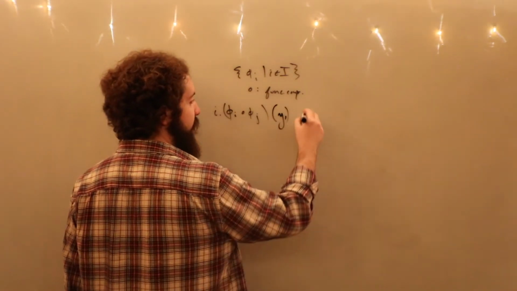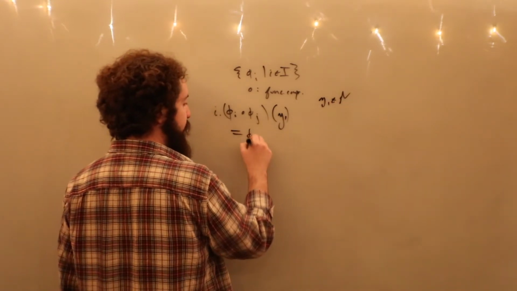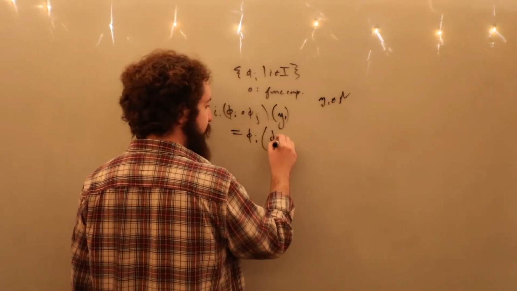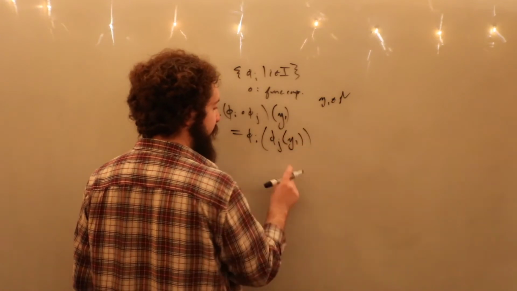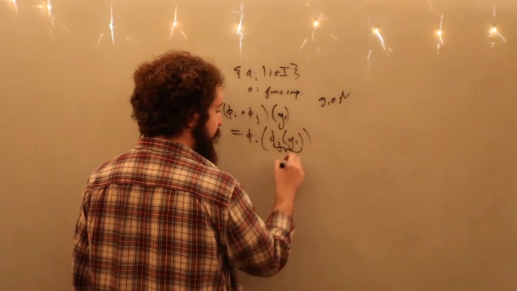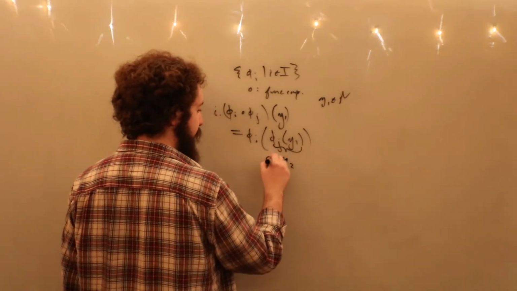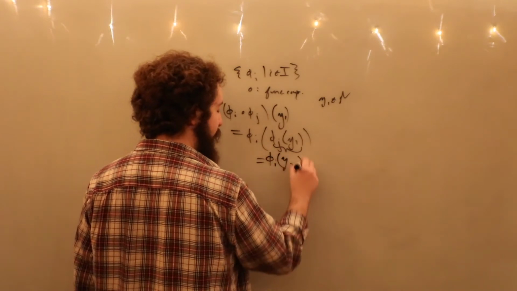Let's say Y1 is in Y. Well, this is equal to phi i of phi j of Y1. Now we know that this map, because it's in the set, maps you to an element in Y, which we'll call Y2, not necessarily Y1. So this is equal to phi sub i of Y2.